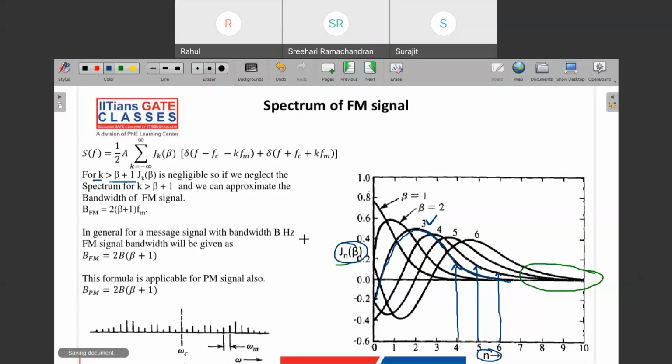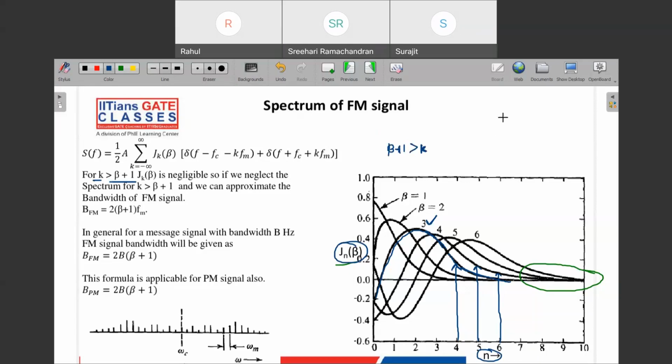We will just care about the terms where, sorry, it is opposite actually: beta plus 1 greater than k, or k is less than beta plus 1.